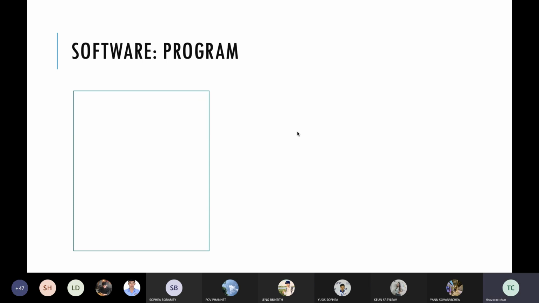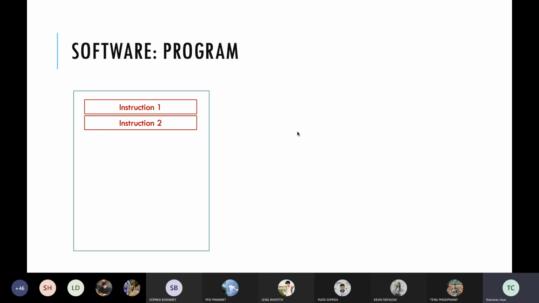Then here we talk about the software, the program. A program is a series of code that is written and then stored in the secondary memory. And when it is required, it first needs to go to the main memory, the RAM. So a program is a combination of instructions.